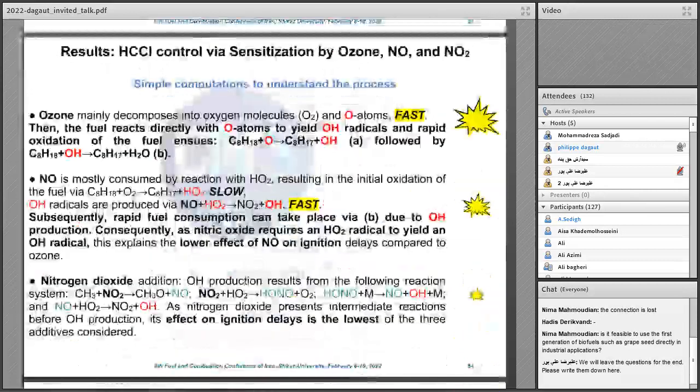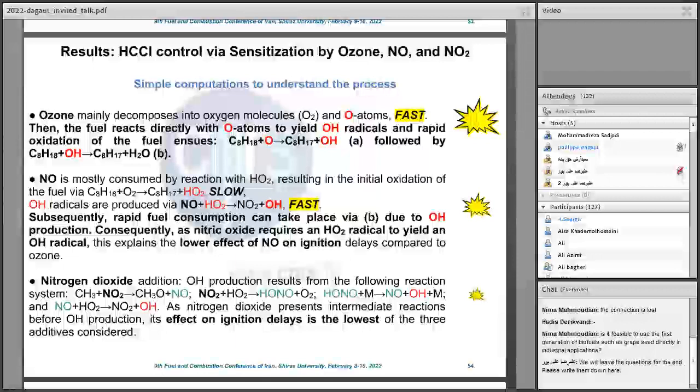And to explain that, chemistry can help. As I said, with ozone, you are producing O atoms which attack the fuel and produce another very reactive species, OH, which will attack the fuel also. And then the process overall is very fast.